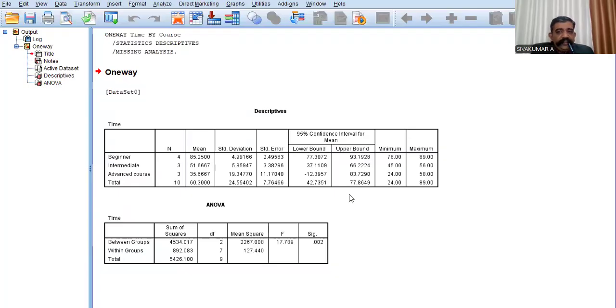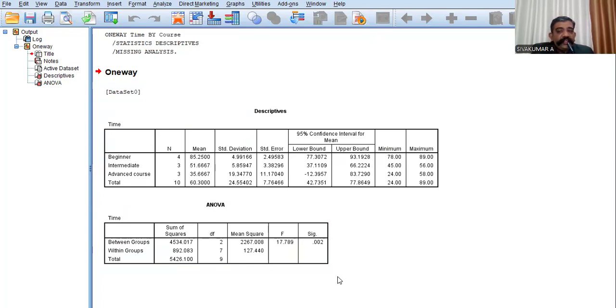The descriptive table is important, but interpretation is based on the ANOVA table. You can see the SIG value, the P value, that is 0.002. That value is less than 0.05, which is our level of significance.